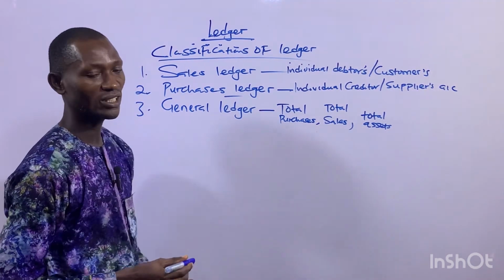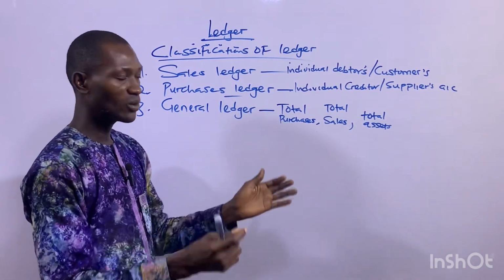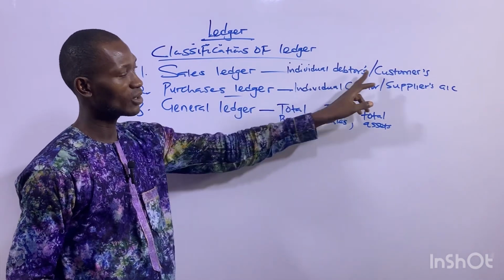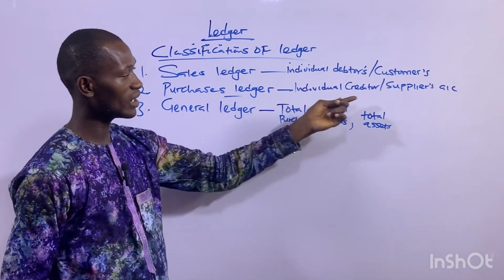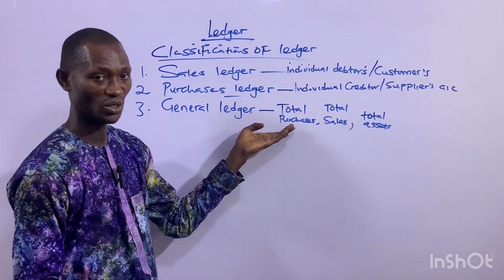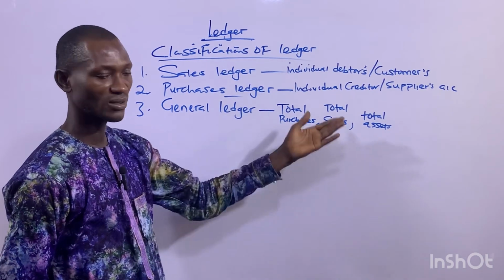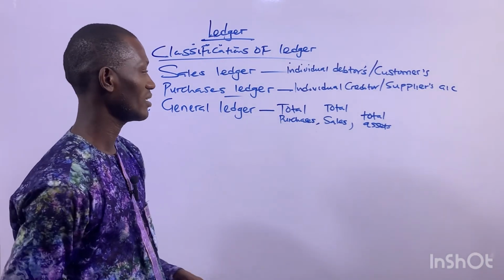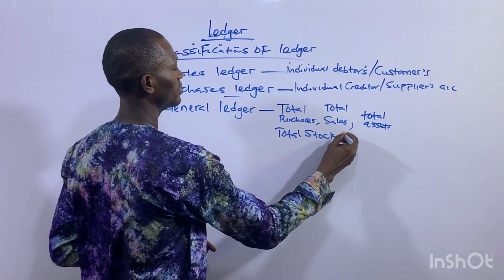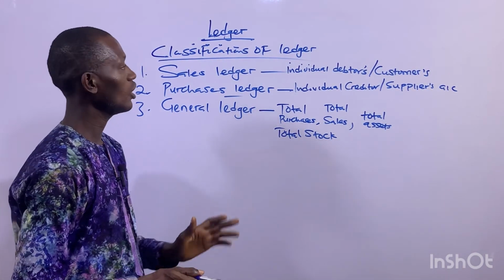So basically, general ledger contains details or information that is different from individual debtors or customers accounts or individual creditors or suppliers accounts. So an example of those details or information you could find in a general ledger are total sales, total purchases, total assets, and the list is endless. You have total stock details, and the list is endless. So that's basically with respect to the topic for today.